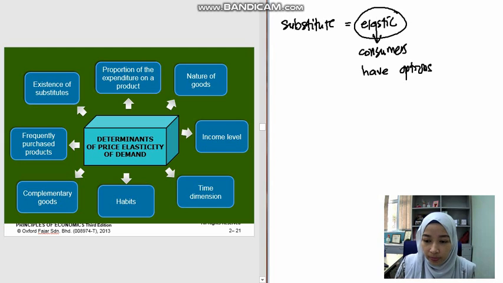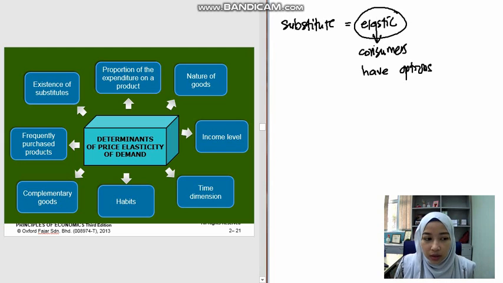But if there is a change in the price of products that are expensive in nature, for example jewelries or handphones, usually if the price of a handphone increases, it will not increase by 50 cent or 1 ringgit. It will increase by hundreds or thousands.